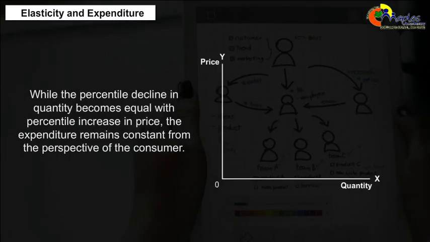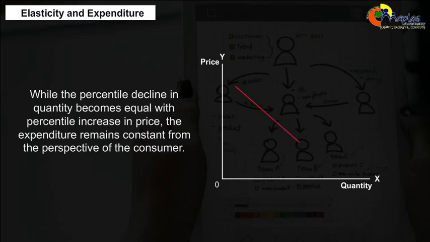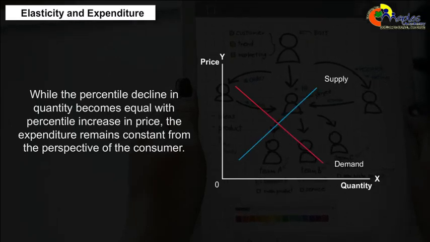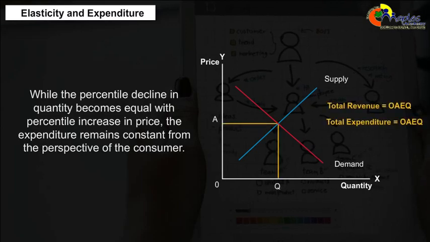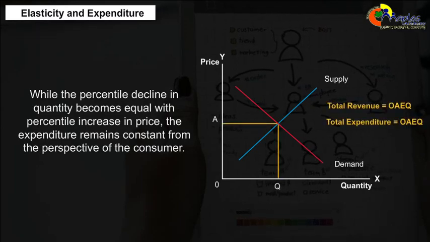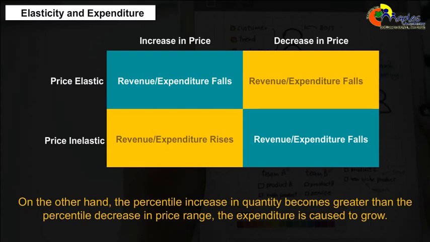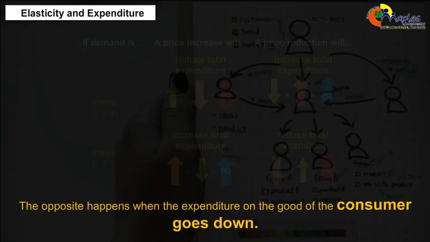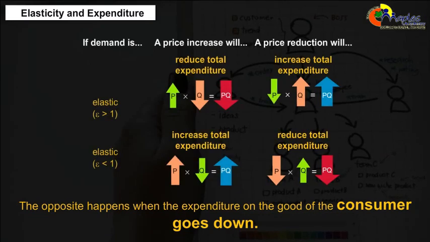When the percentage decline in quantity equals the percentage increase in price, the expenditure remains constant from the perspective of the consumer. On the other hand, when the percentage increase in quantity is greater than the percentage decrease in price, the expenditure grows. The opposite happens when the expenditure on the good goes down.